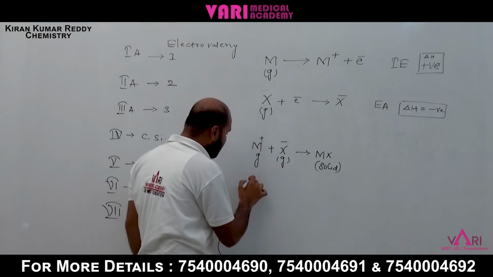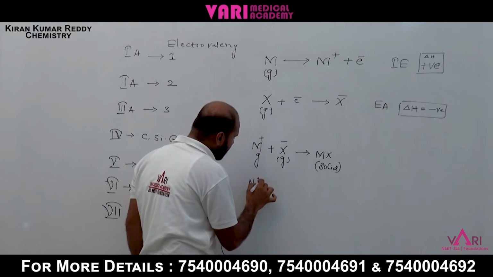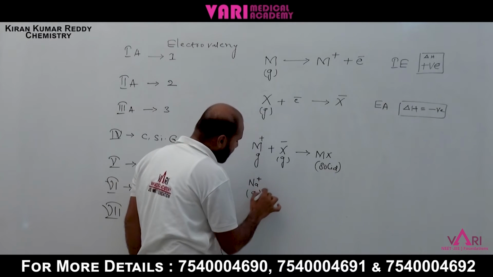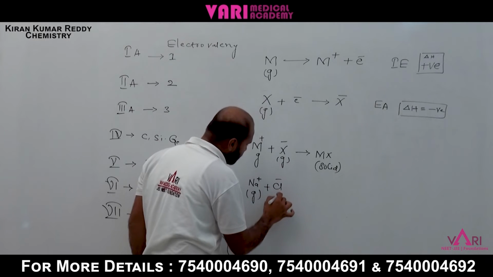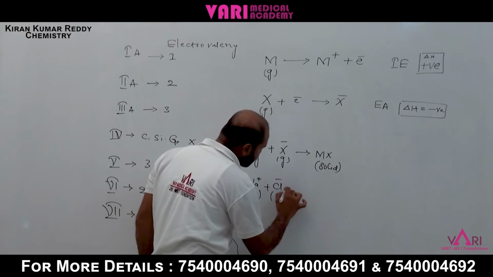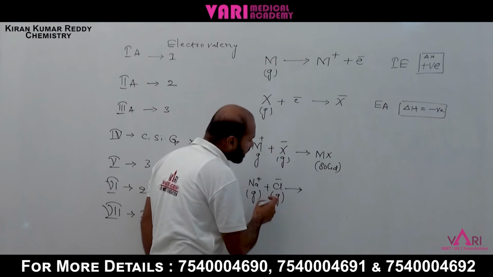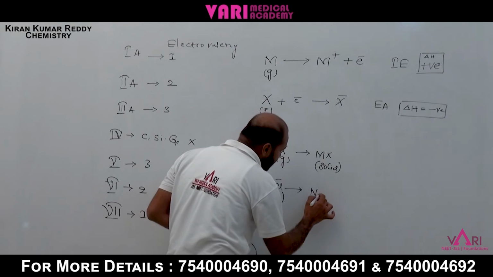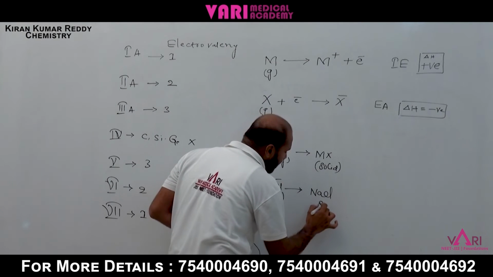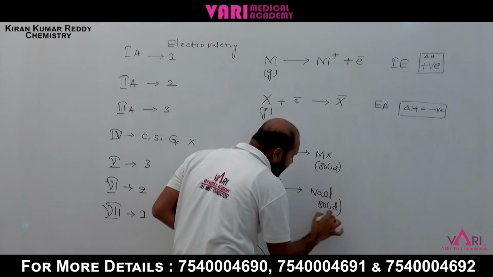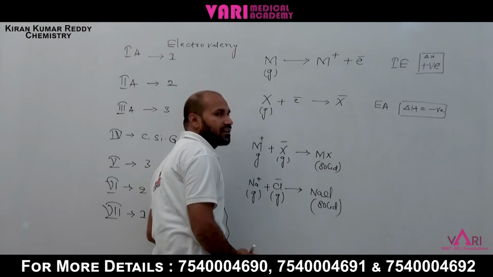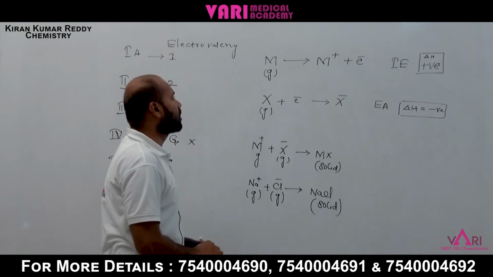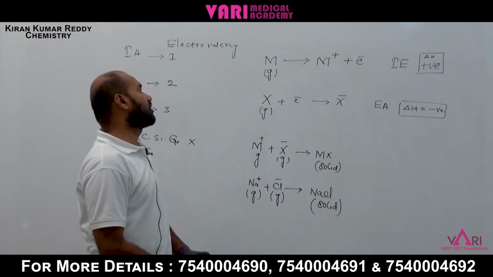For example, Na plus is gaseous and Cl minus is also gaseous. Both gases are unstable, they react and combine to form NaCl solid. Now NaCl solid is stable. These are the favorable conditions for ionic bond formation.